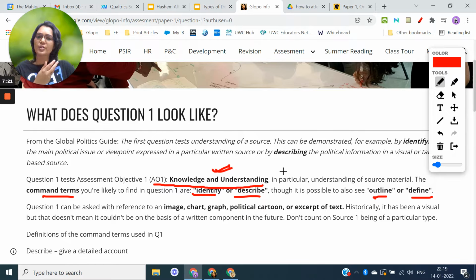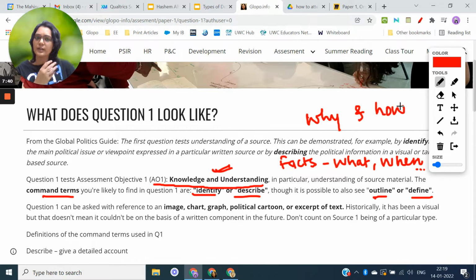If you see, these are more like description, right? It is more talking about the facts, about what, when, and so on. More about all these pointers. It's not going into the depth of why and how. Fair enough.